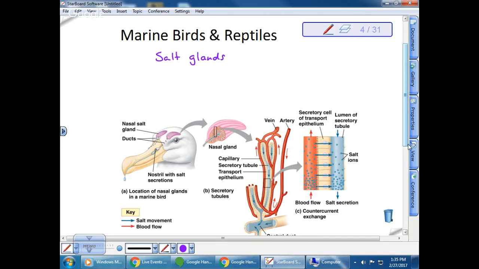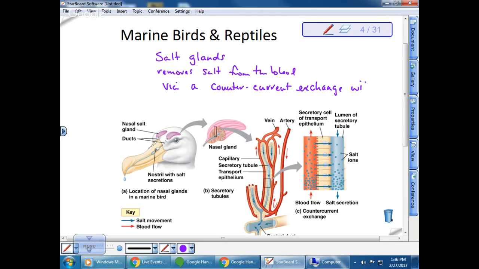And so here, their glands sit up here, and then it gets secreted out, and here in the seagull, there's a little channel in the beak that would then channel the salt water off, okay? So this removes salt from the blood via a counter current exchange with watery secretions.